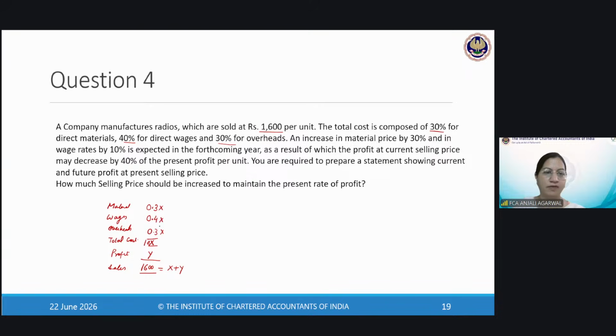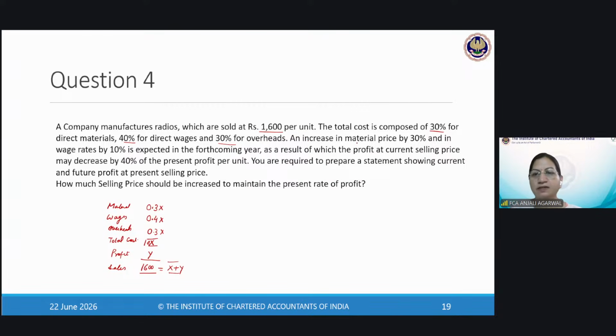So your material, wages, and overheads are 0.3x plus 0.4x plus 0.3x, 3 plus 4 plus 3, 1.0x. And let's say profit is Y. So sales is 1600. Sales is always equal to cost plus profit. And you have the first equation: X plus Y should be equal to 1600.